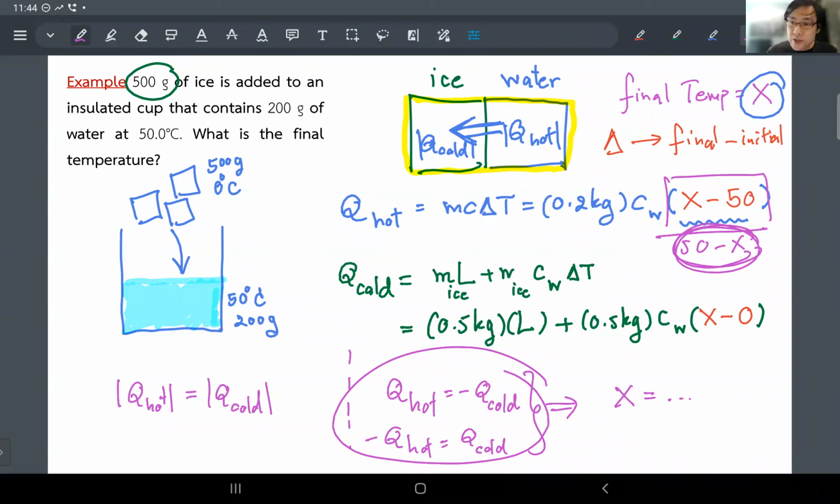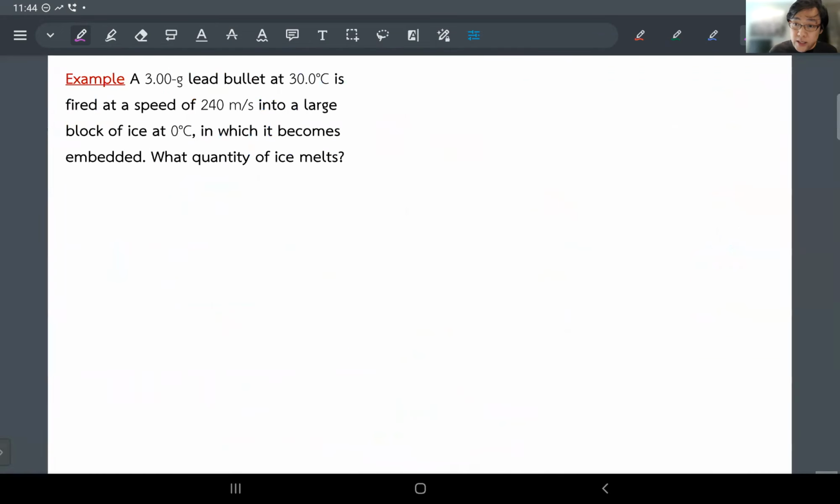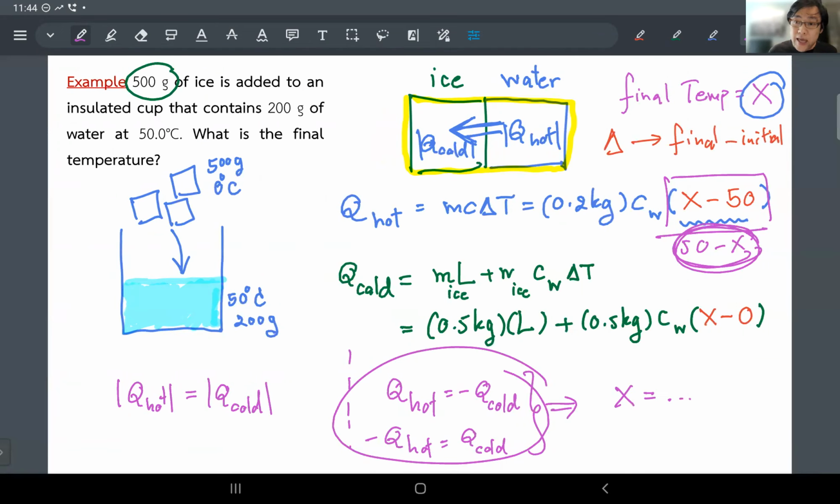Okay, that's a quick question. I think this is a good question. There is a question about using the latent heat. Yes, every time that you have a phase change, you always need ML in your equation. Yes, all the time, definitely.